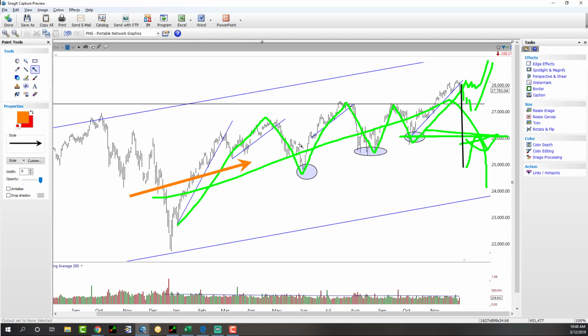We've gone from upward movement to downward movement. But we could easily have a little pullback and continue this upward movement.